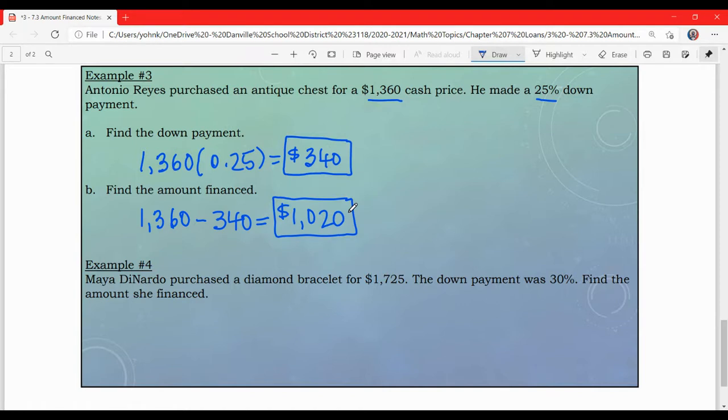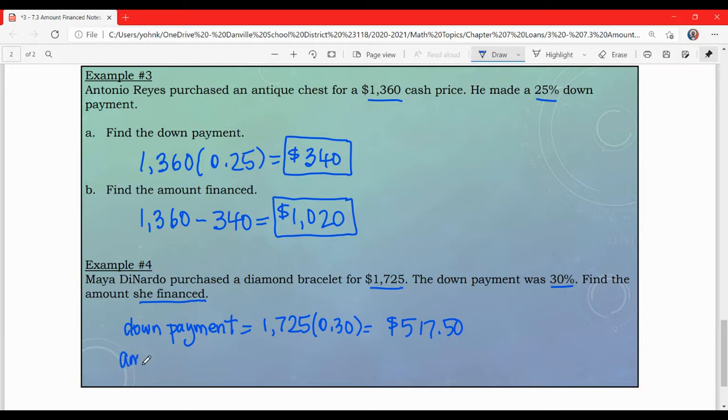All right, number four, Maya Donardo purchased a diamond bracelet for $1,725. The down payment was 30%. Find the amount she financed. In order to find the amount she financed, I first have to find the down payment. The down payment is the cash price, $1,725, multiplied by the down payment percentage, which is 30%. If I do this, I get a down payment of $517.50.